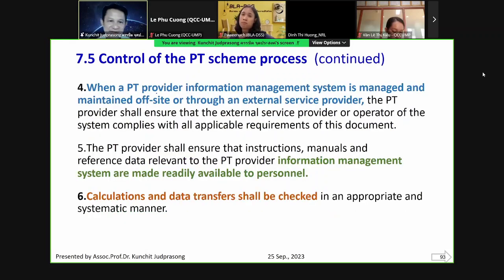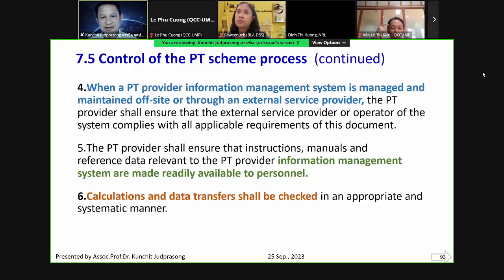When the PT provider information management system is managed and maintained off-site or through an external service provider, the PT provider shall ensure that the external service provider or operator of the system complies with all applicable requirements of this document.